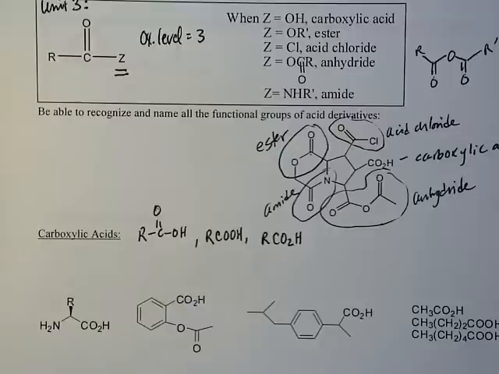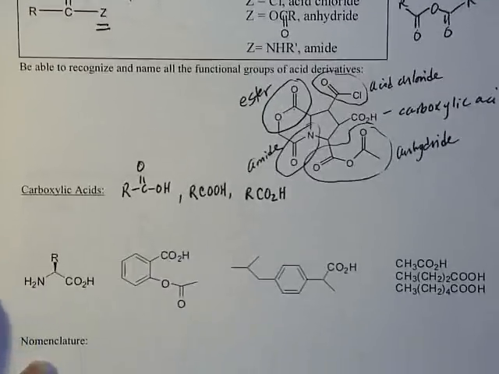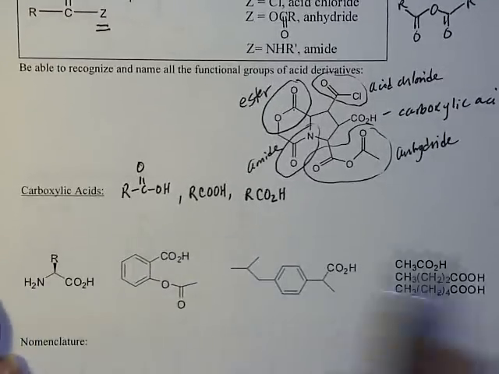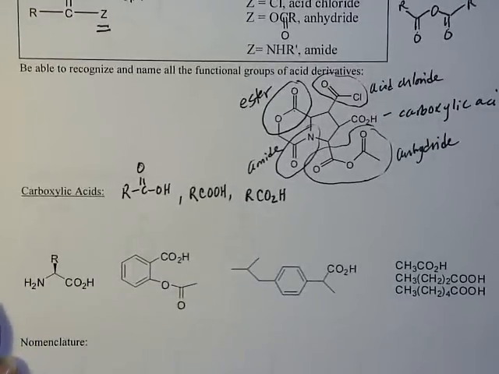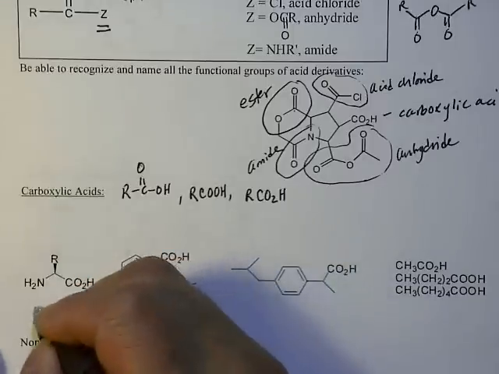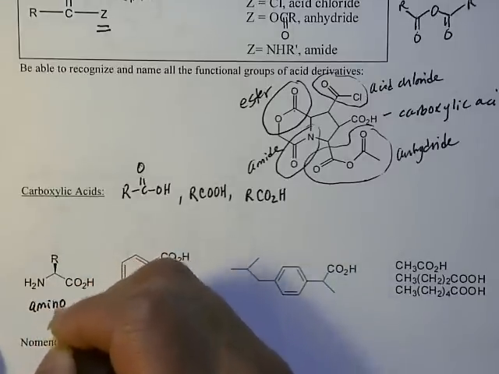What I've drawn briefly are some of the most common carboxylic acids that you may run into. Probably one of the biggest reasons to understand carboxylic acids is the fact that it's one of the functional groups of amino acids.